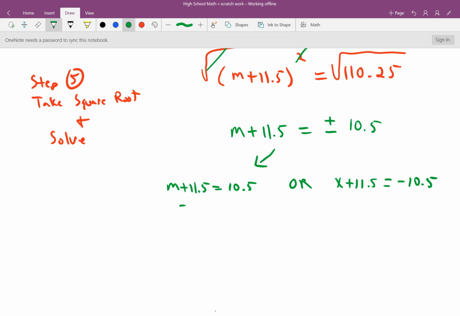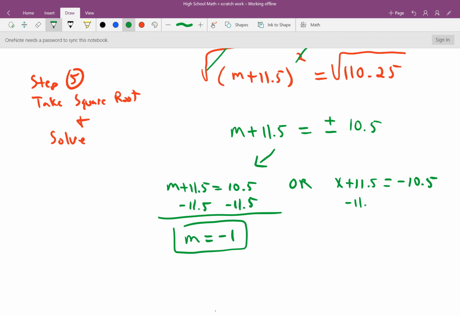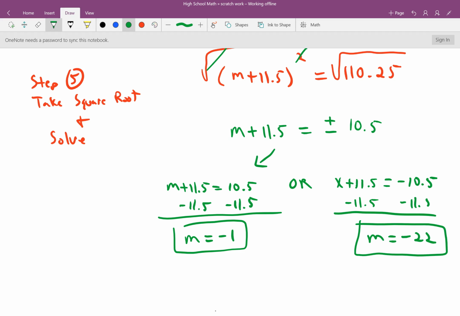We know what the end of this movie is. We've already seen it 3 times. This is a -1, naturally. And what's this other one going to be? -22. Of course. Minus 11.5. m equals -22. So the test will be one problem directly off of there, and you will have to demonstrate all 4 methods.